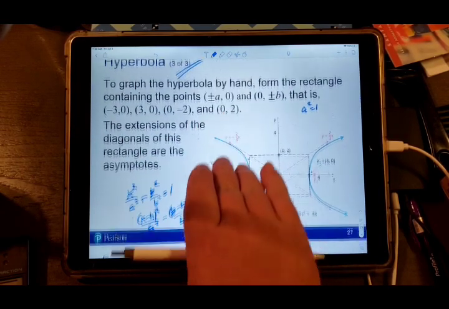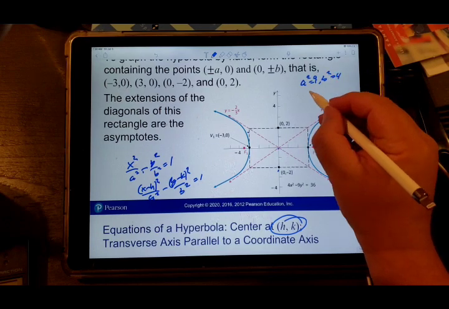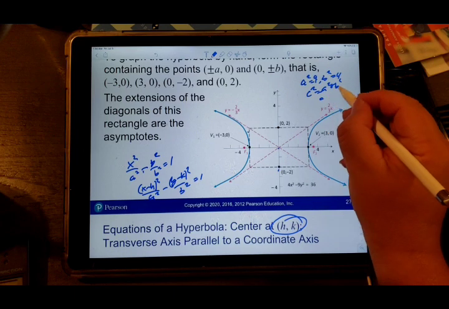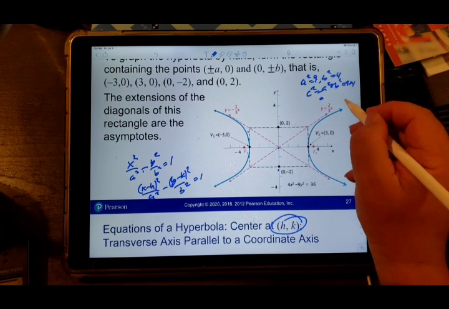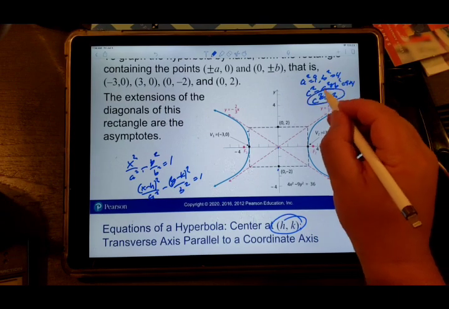So with the hyperbolas, c squared equals a squared plus b squared. So it equals 9 plus 4. So c squared equals 13.